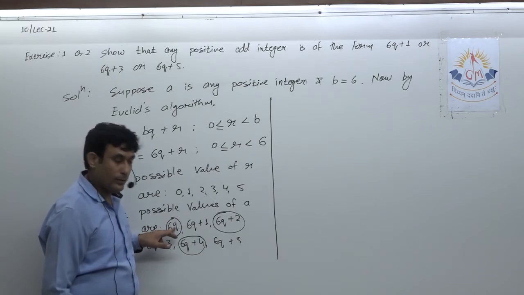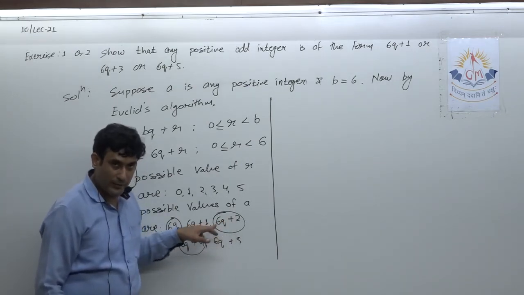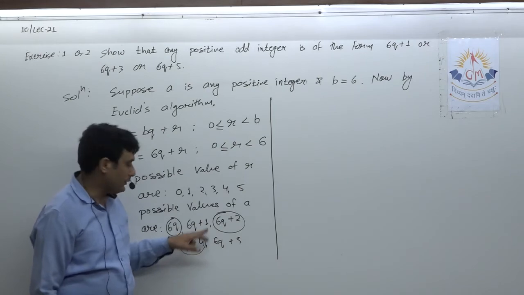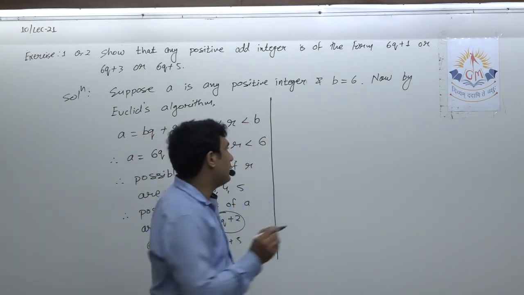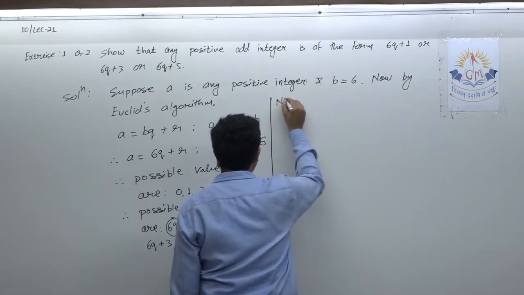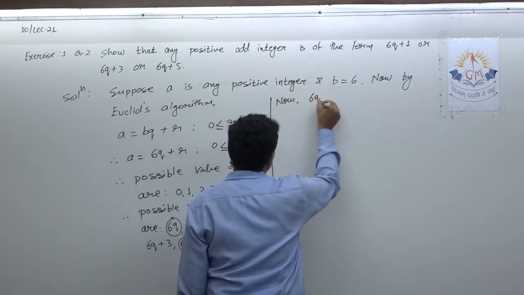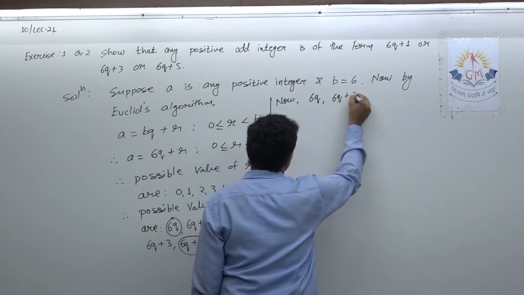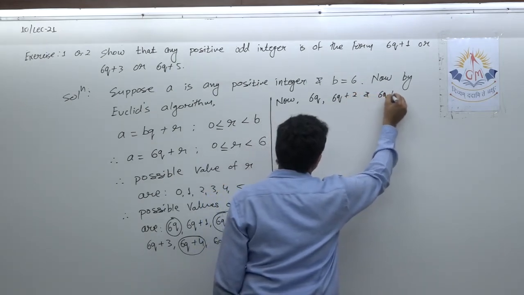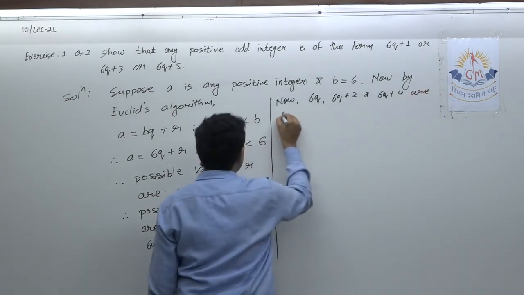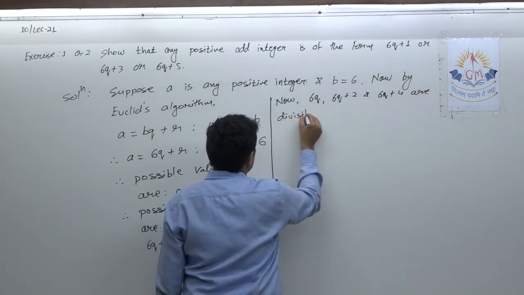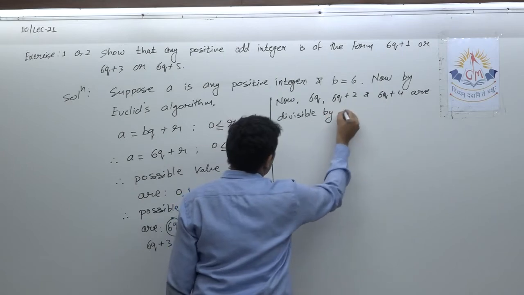We can divide it by 2. 6q plus 2 we can also divide by 2 if I take 2 common. 6q plus 4 is also divisible by 2. These 3 are divisible by 2, so we can say these are even numbers. So 6q, 6q plus 2 and 6q plus 4 are divisible by 2.